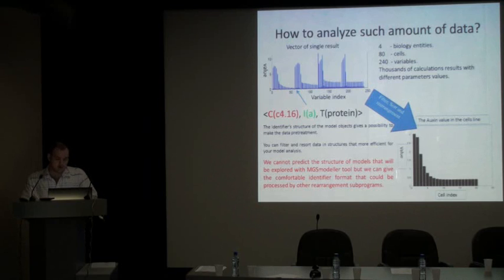So all we need is to sort and rearrange the variables. The main idea is that we cannot predict the structure of models that will be explored with our tool, but we can give a comfortable identifier format that could be processed by other rearrangement subprograms. And we have made some utilities.